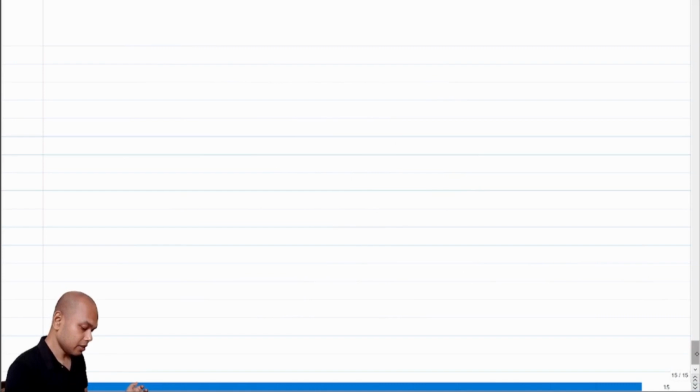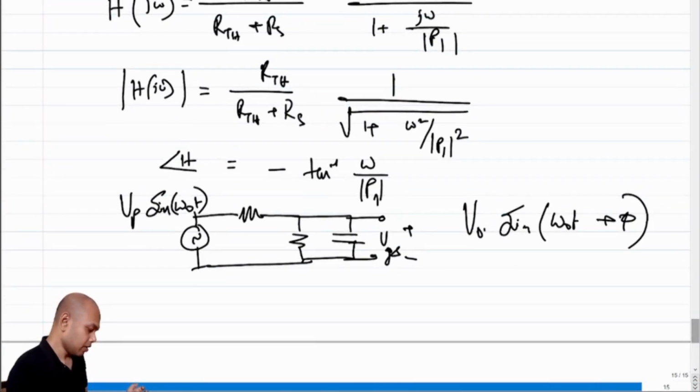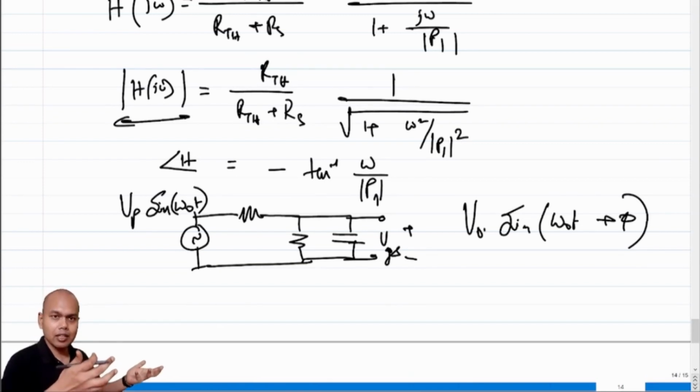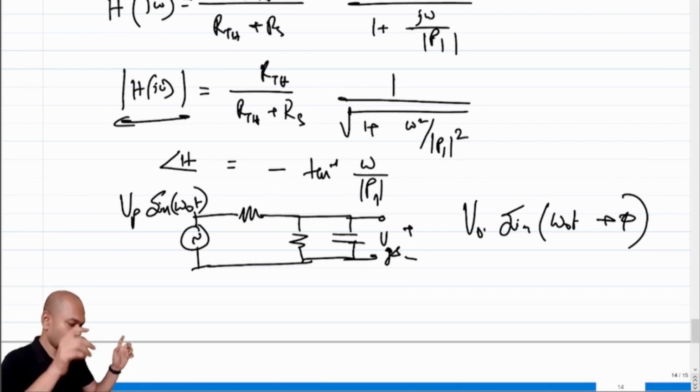So clearly, by definition, mod of h of j omega gives us the mod of output by input, which means I can simply scale the amplitude of the output by that mod of h of j omega.